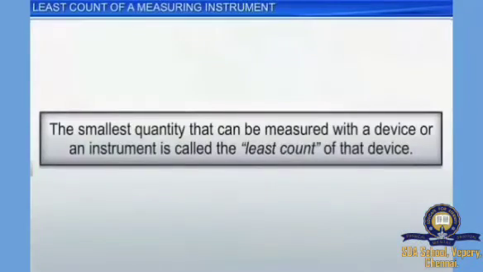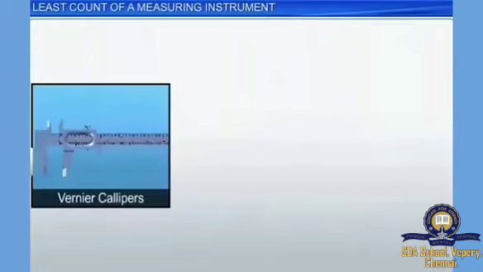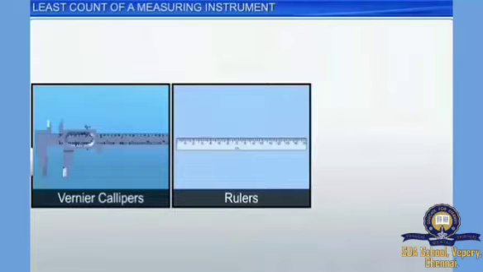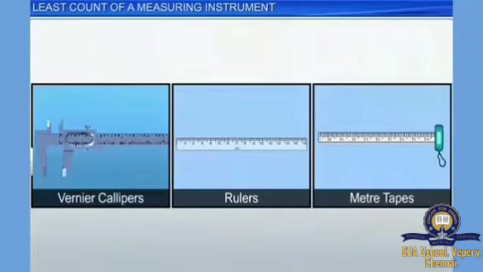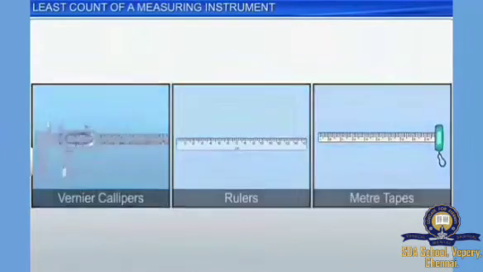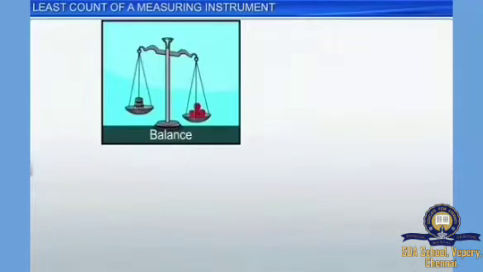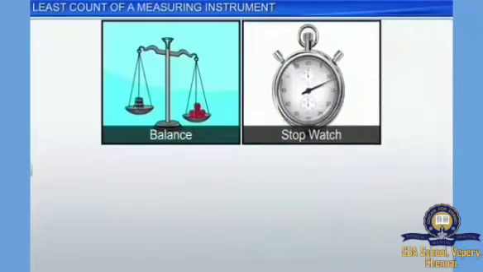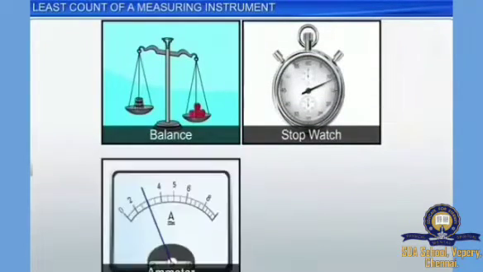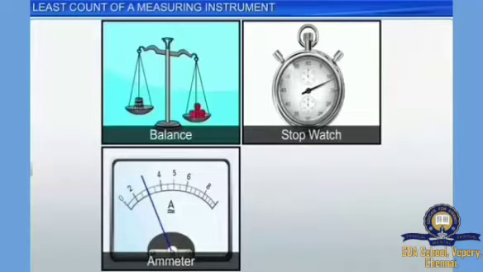The smallest quantity that can be measured with a device or an instrument is called the least count of the device. Some instruments that we use to measure length are the vernier caliper, ruler, and meter tapes. Similarly, we measure mass with the balance, time with the stopwatch, current with the ammeter, and temperature with the thermometer.